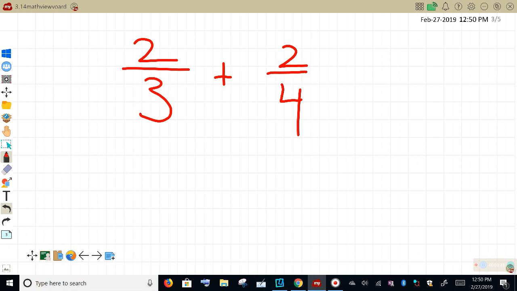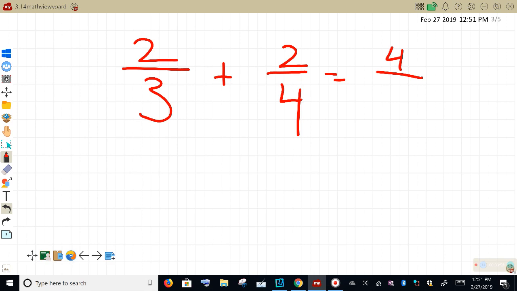How else could I have written 2/4? 1/2. Okay. Can I make this 4 on the numerator? Why am I not allowed to just say, okay, let's add the numerators like we did in the last problem? Why? Because they are different denominators.